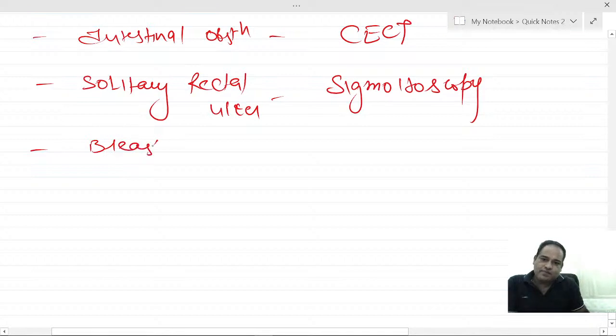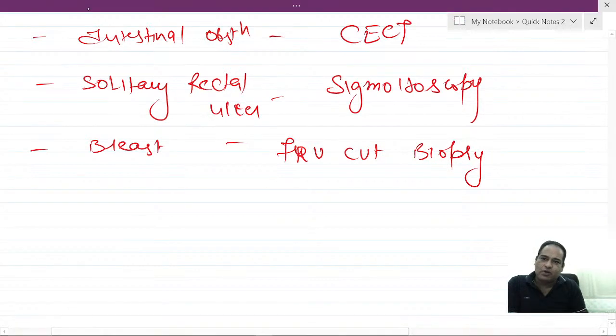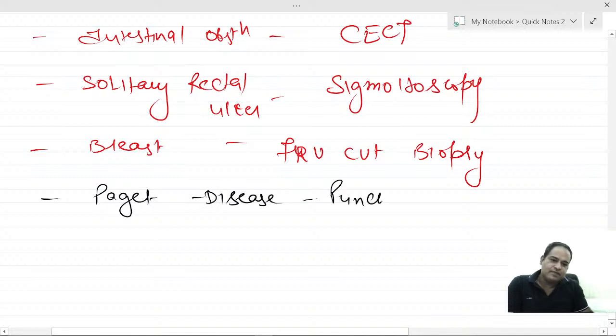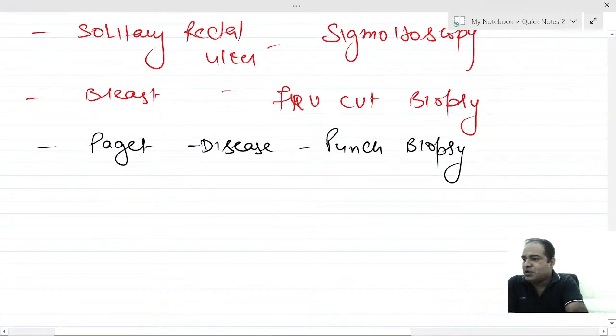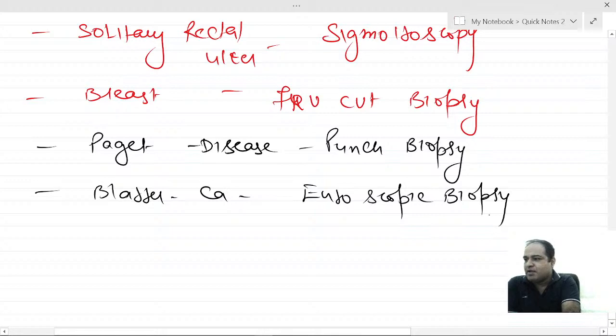For breast carcinoma, it has to be true cut biopsy. Fine. For Paget disease, punch biopsy. For bladder carcinoma, endoscopic biopsy.